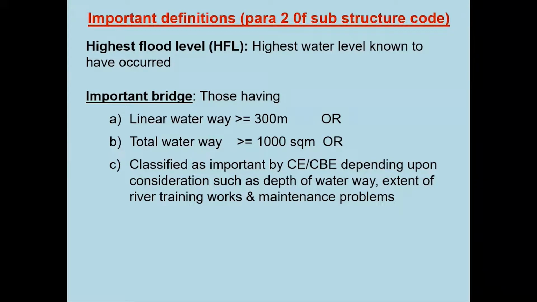Because our design is based on a 50 years maximum flood, which has the probability to occur in a span of 50 years. If there is a flood beyond this 50 years, we have made our design such that there may be damage if it is more than the 50 years recurrence level flood.